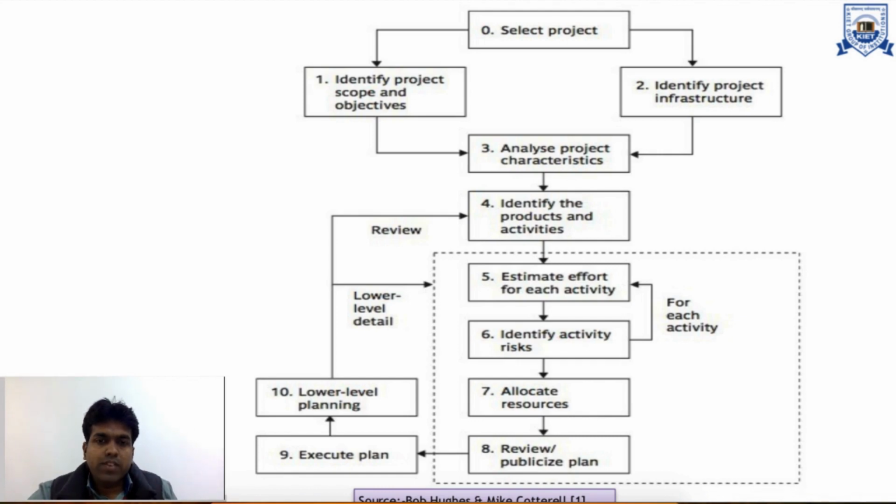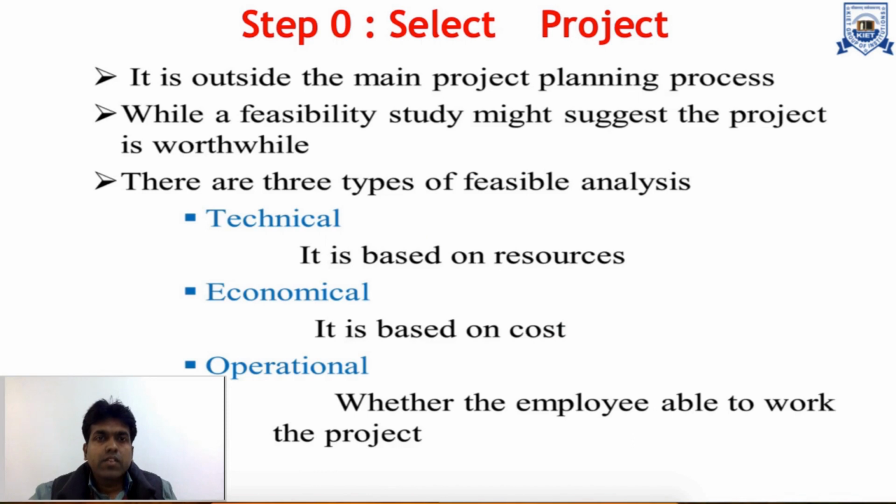After this review and publicize, whatever plans we have made will be executed in step number nine, and in parallel there is a last step, that is low level planning, which is also done while executing the plan. I already told you about step zero.